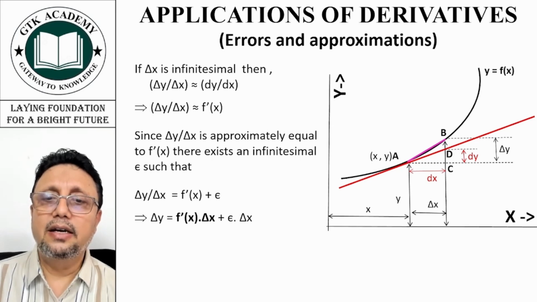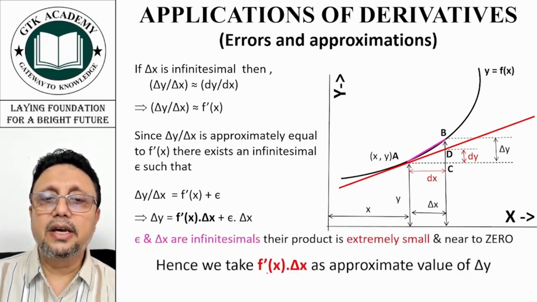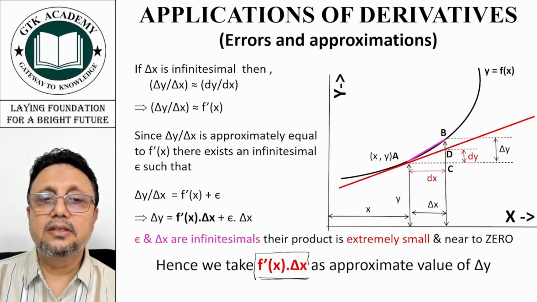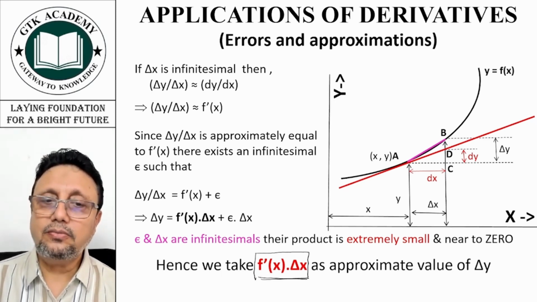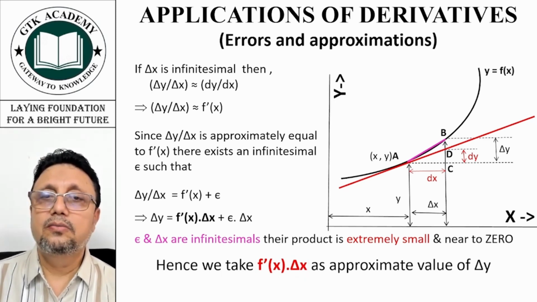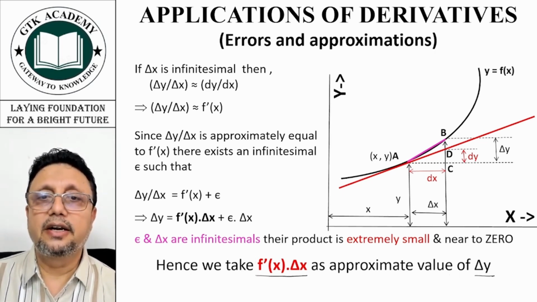That means delta y can be taken as approximate value of f dash x delta x. Hope I am clear with this. So approximate value of delta y is f dash x delta x.